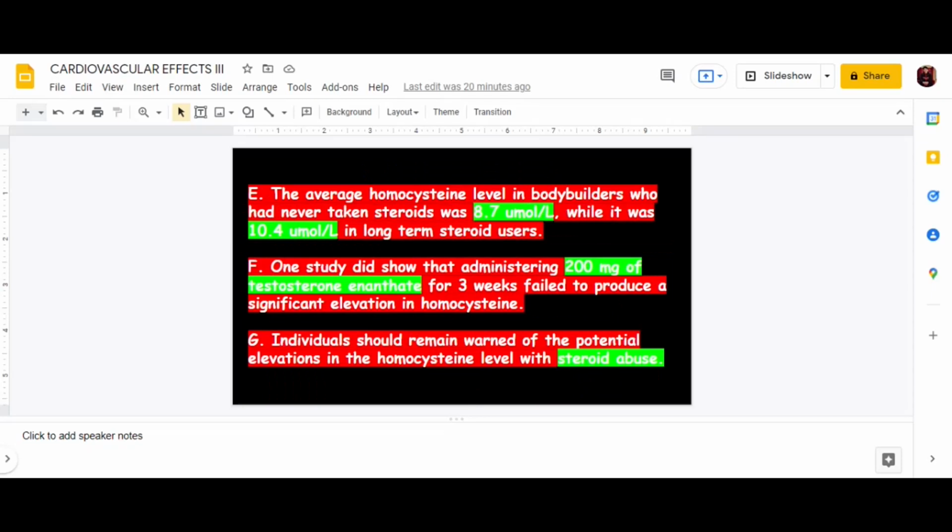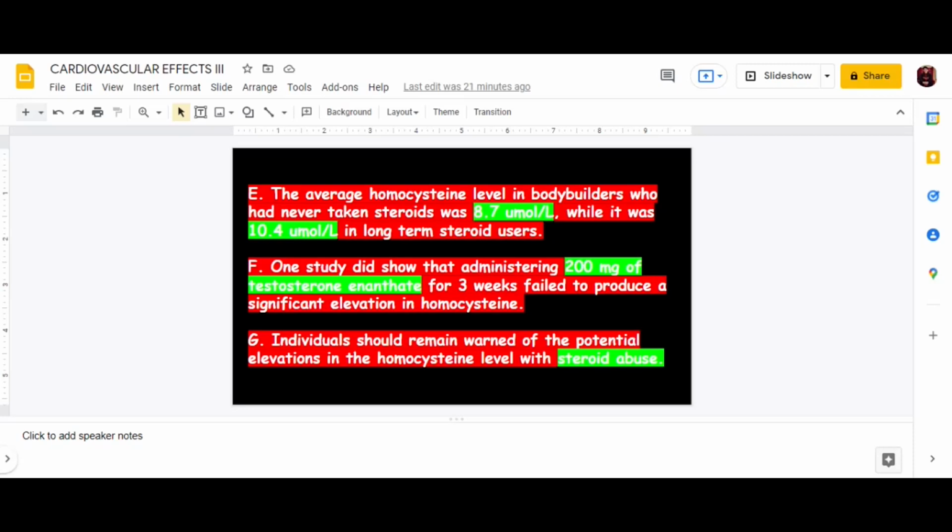Now, the average homocysteine level in bodybuilders who have never taken steroids was 8.6 micromole per liter, while it was 10.4 micromole per liter in long-term steroid users. One study also shows that administering 200 mg of testosterone enanthate for 3 weeks failed to produce a significant elevation in homocysteine.